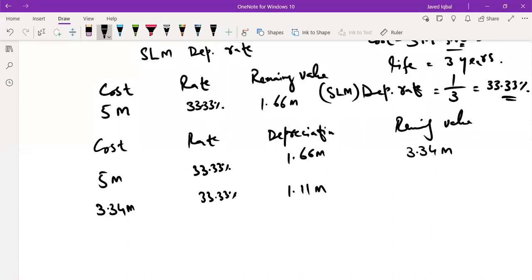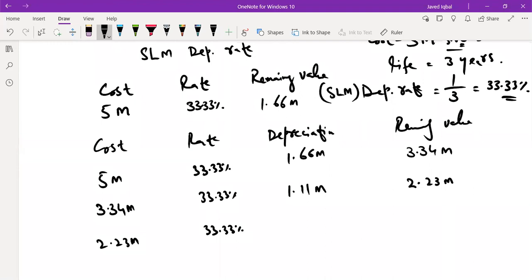So your remaining value here would be 3.34 minus 1.11, which becomes 2.23 million. In the third year, you have 2.23 million, and you multiply this by 33.33%.